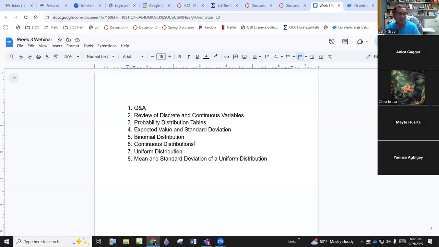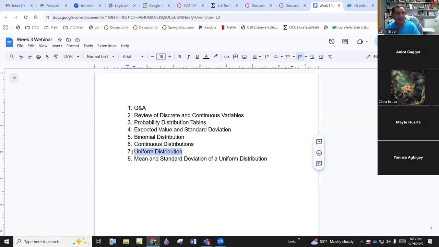So continuous distributions, I've talked about them, but now we'll get into more detail. It turns out for most continuous distributions, the math is way too hard for anyone that isn't a math major to be able to do. But there is one that is not too bad, and that is the uniform distribution.